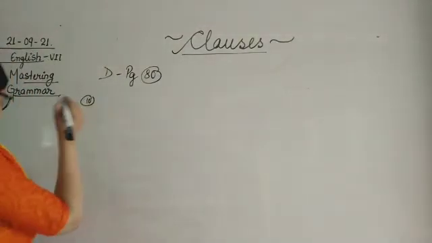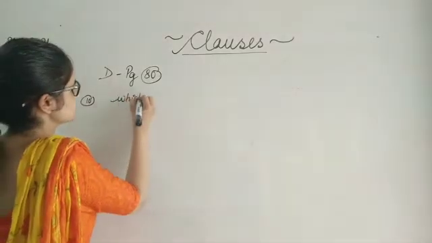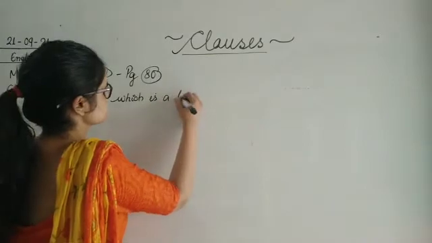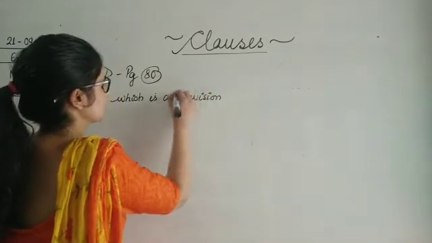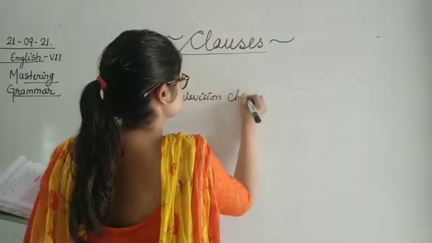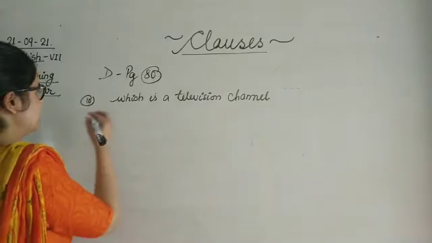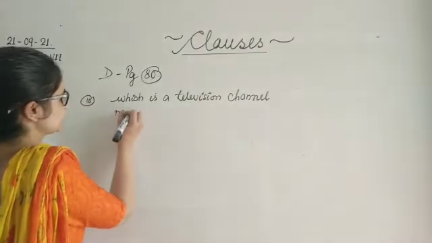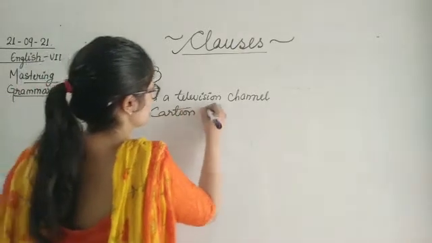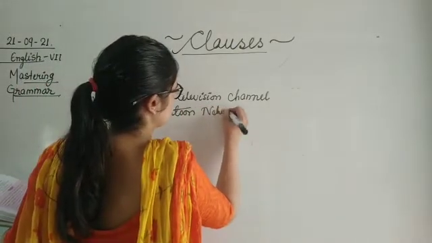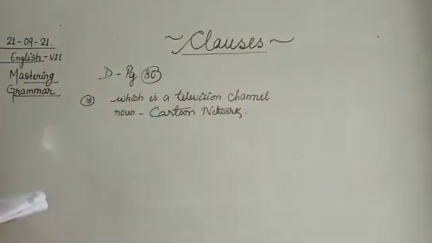So here we have, which is the television channel will be our adjective clause. And the noun it is describing is the Cartoon Network. Okay children, so we are done with this exercise.